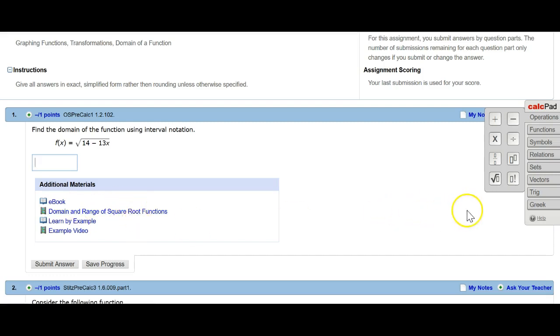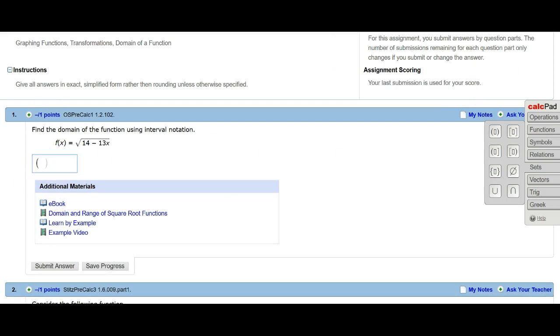So the union symbol and other set symbols are here in the calc pad. You can't just use a capital U. So for instance, I'm going to put any old interval here.